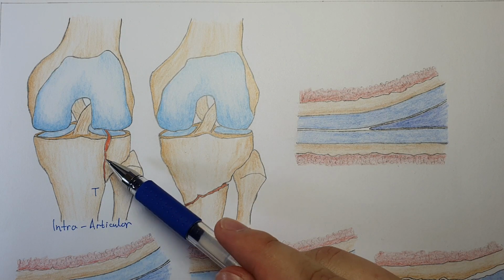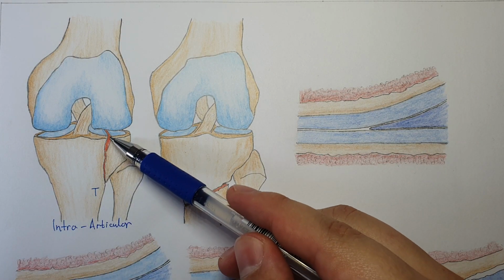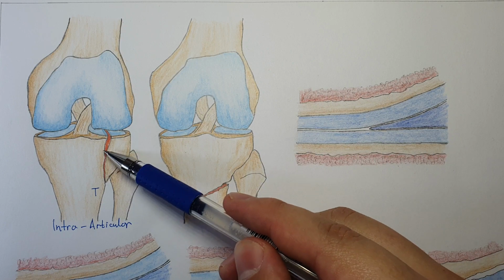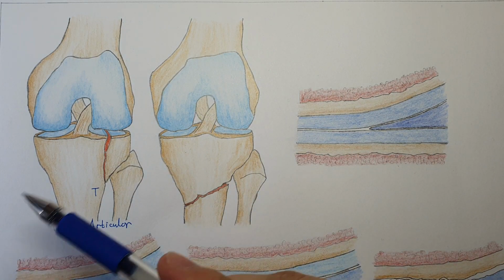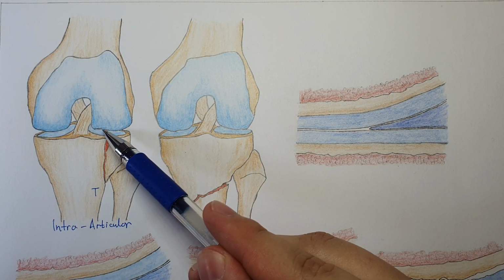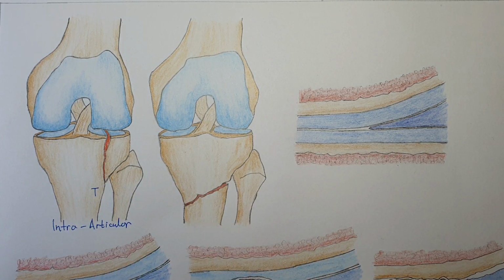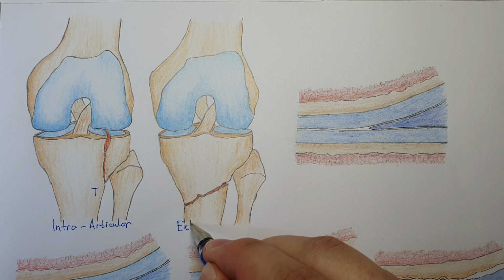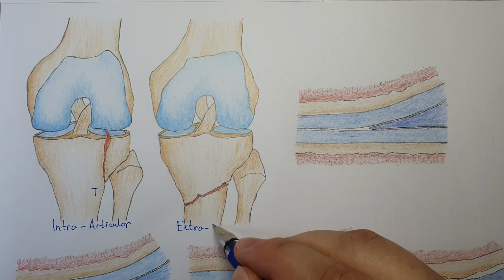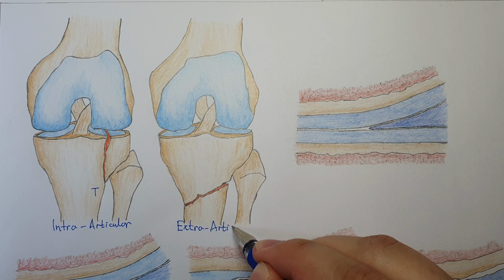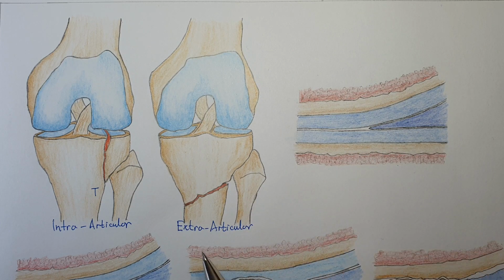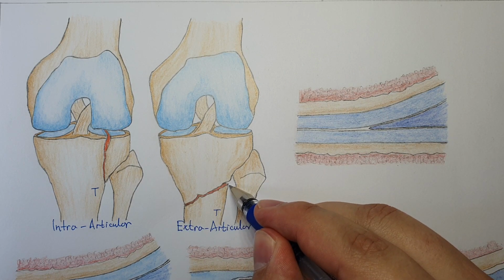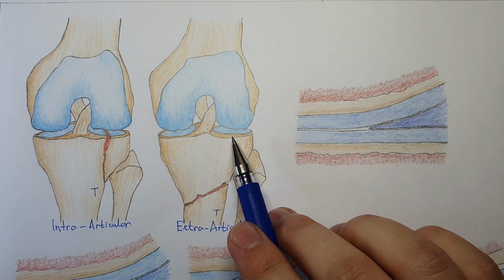The significant problems that arise with this fracture are actually arising from the damage of the cartilage in the joint. The second possibility is an extra-articular fracture. As we can see here, it is going from one side of the tibia to the other side of the bone, and it is not involving the joint.